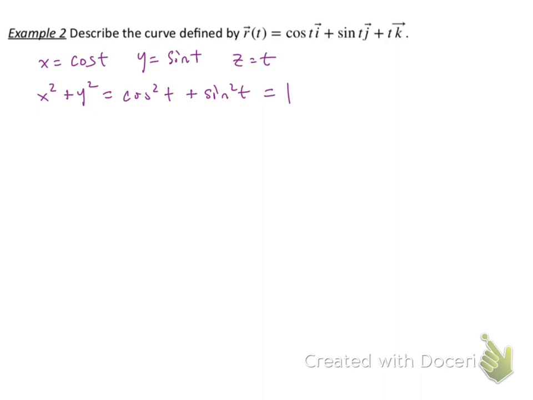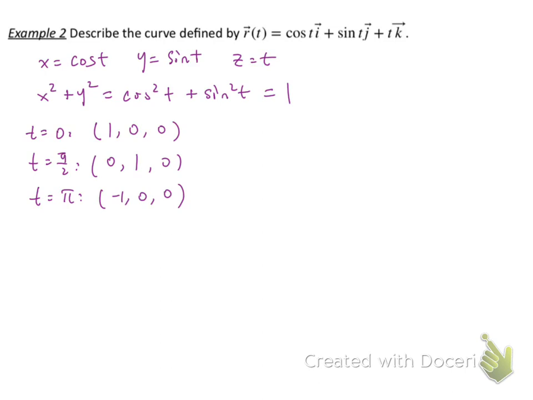Now let's explore some points. Since we are doing sine and cosine, we'll pick multiples of pi over 2. When t equals 0, you have 1, 0, 0. When t is pi over 2, cosine pi over 2 is 0, but sine pi over 2 is 1, so 0, 1, pi over 2. If you keep going, pi gives you -1, 0, pi, since cosine pi is -1. Next, 3 pi over 2 gives 0, -1, 3 pi over 2.